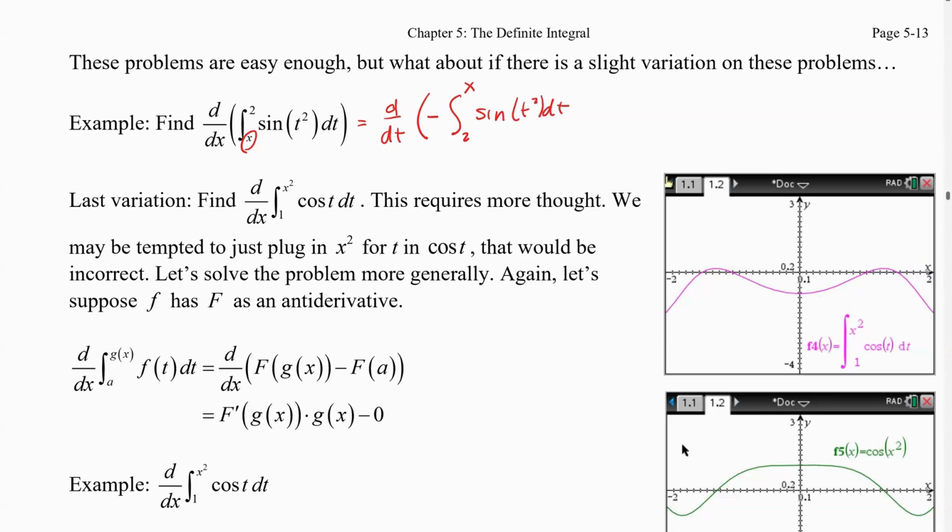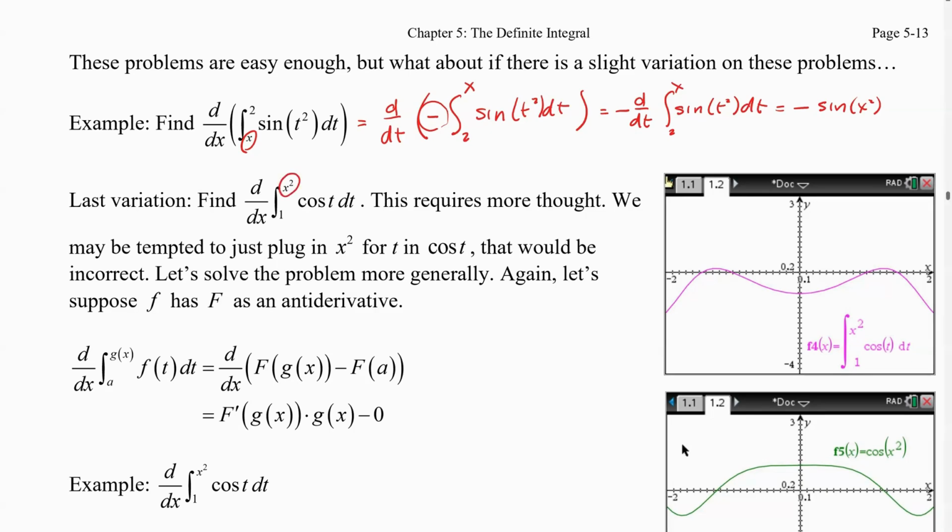And then we also know that this is like a derivative of something with a constant out in front. There's no reason why I can't just pull that negative all the way out. If we do that, then this becomes a problem in which I can quite easily use the fundamental theorem of calculus part 1, and the answer is the sine of x squared. Done.